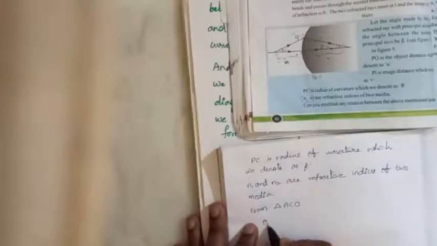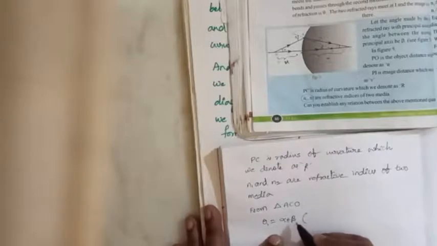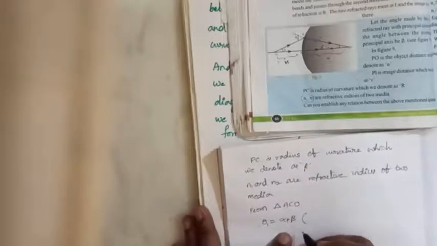So theta 1 is equal to alpha plus beta. Why I am taking alpha plus beta: I am writing this from the property of triangles you have studied in 7th class maths.